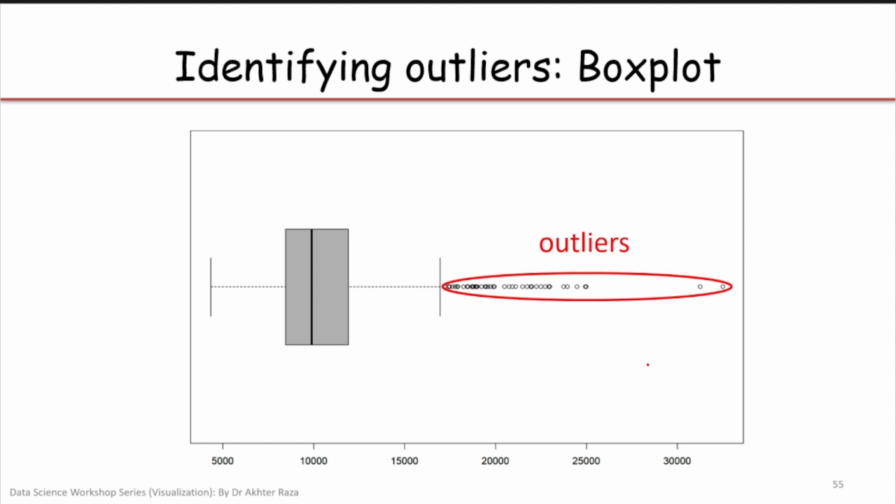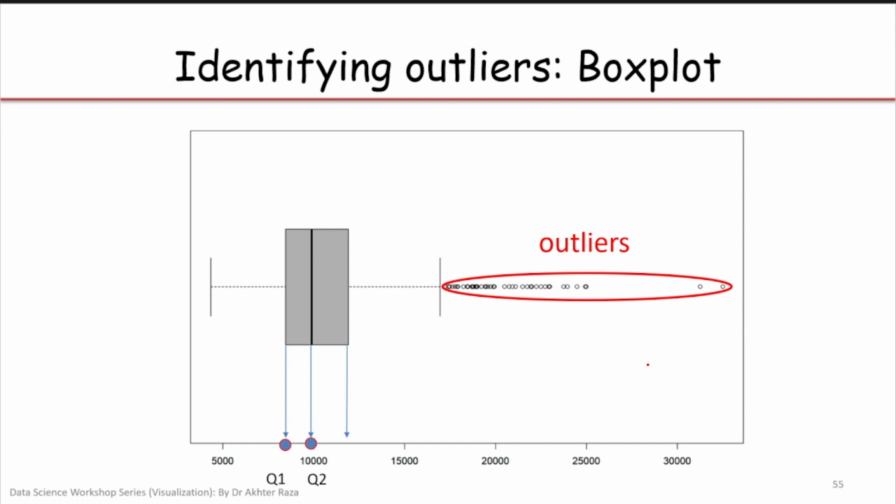The next thing is the left edge of the box, which is called the first quartile. So this is quartile 1. The second one is referred to as quartile 2. Quartile 2 is also referred to as the median.